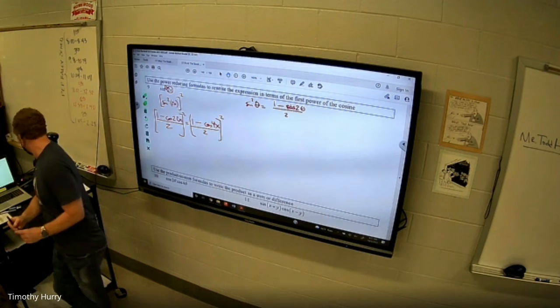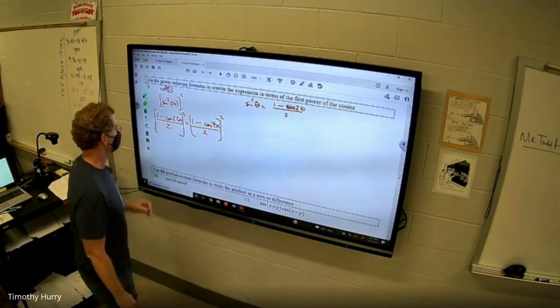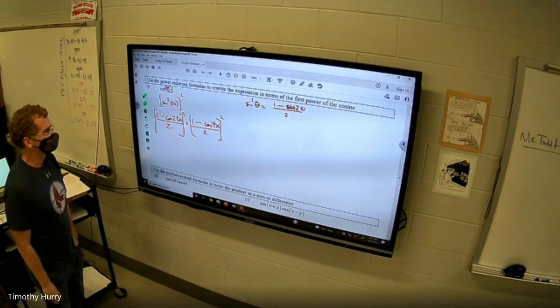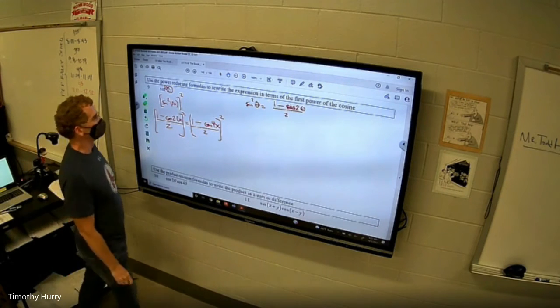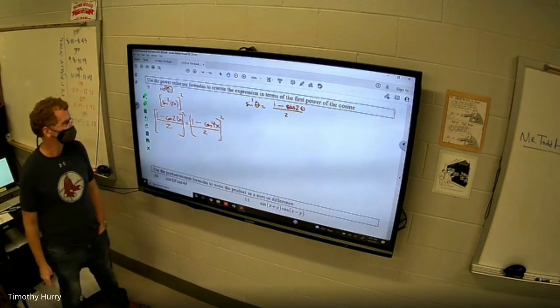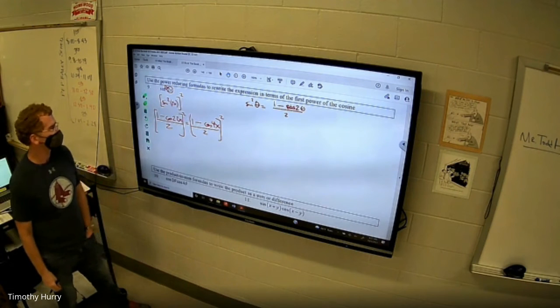It says write the expression in terms of the first power of the cosine. It's going to end up putting me back here because that's where this came from. Use like the sine theta over 2?